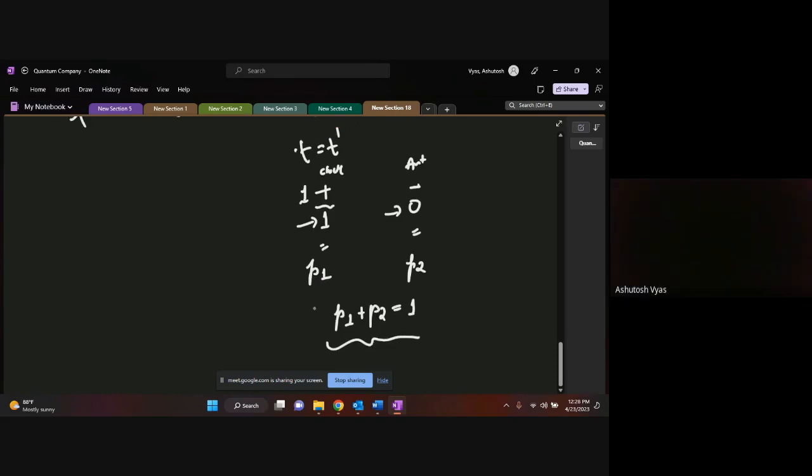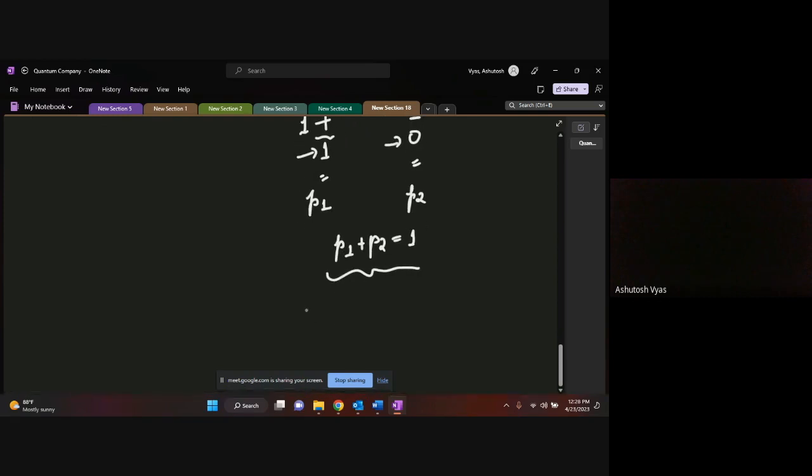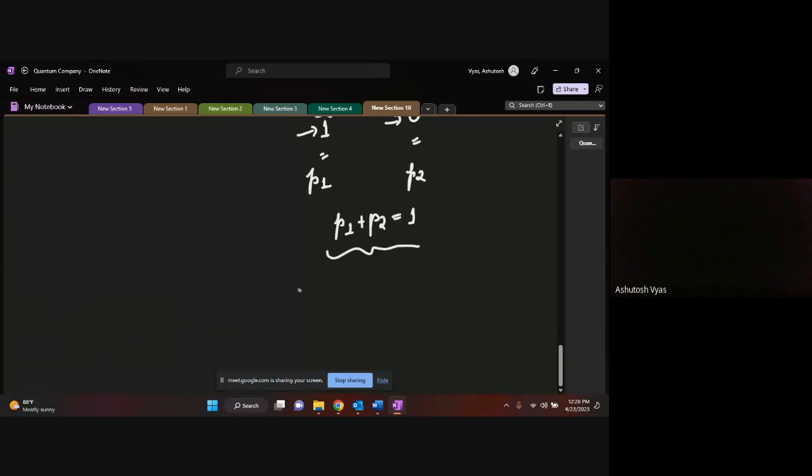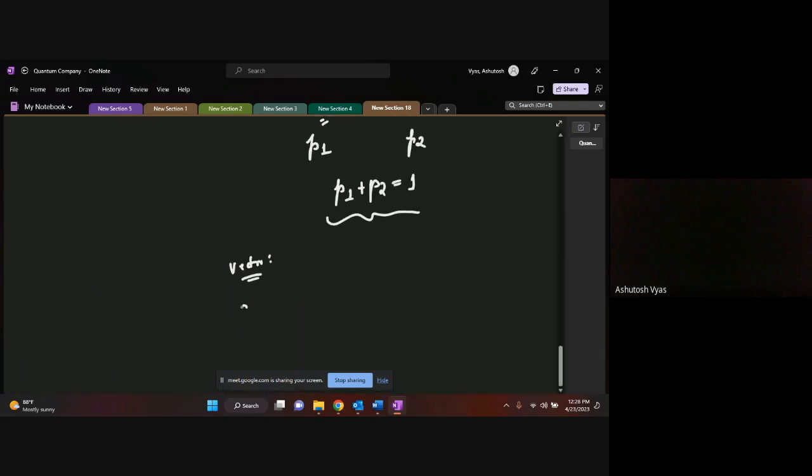Now let's try to put it in a mathematical operation. Let's put it in the form of a vector. Let's try to introduce some vector theory around it. It's a ket notation, I don't bother about it too much.